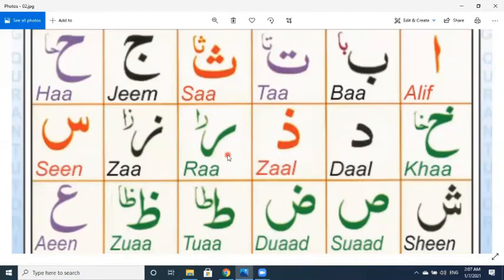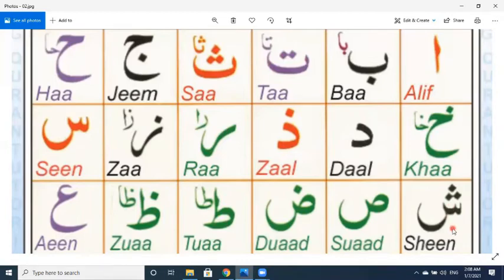The same difference is in the other two boxes. With a dot, we'll call it Za. Without a dot, we'll call it Ra. The next letter is Sin, and its pair is Sheen. The difference between both of them is the three dots on top.